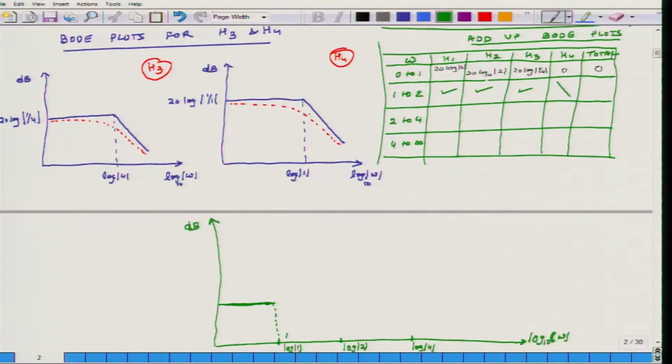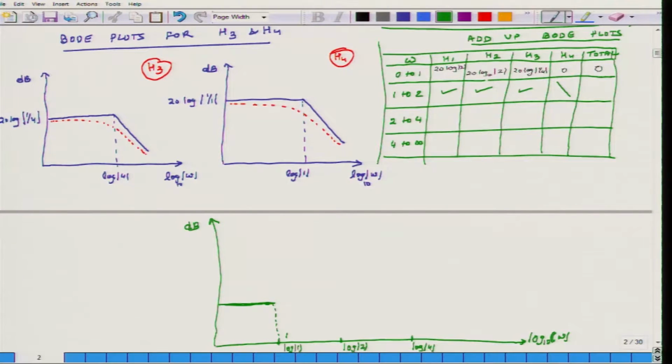When we look at H4, after 1 the high frequency asymptote takes over. So, the contribution from H1, H2, H3 still remains 0, but because of H4 the overall curve starts sloping down.